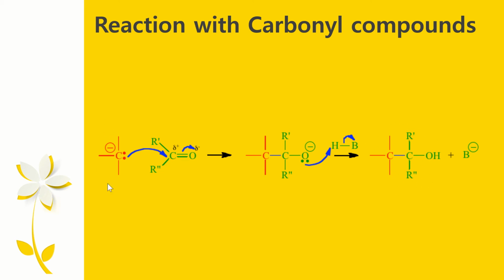So we can start off with a carbanion reacted with a carbonyl and end up with an alcohol. Again, a new carbon-carbon bond can be formed as a result of carbanions reacting with carbonyl compounds.